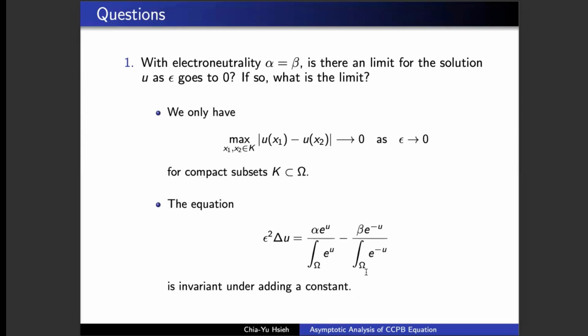The second term has e to the minus c in both places, which also cancel out. So it is invariant under adding a constant, and therefore, if the limit exists, the constant cannot be determined a priori by this equation.